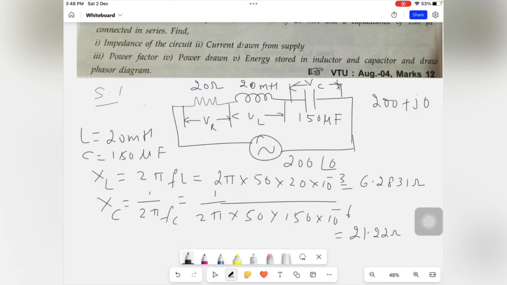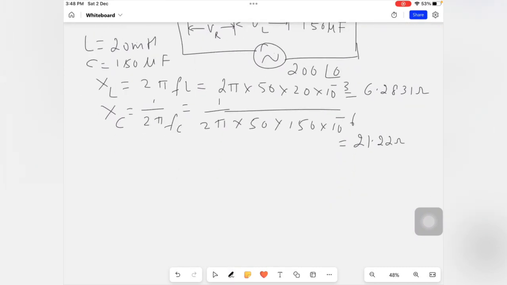You know the resistor now, so how do we calculate the impedance? Z is equal to root of R square plus XL minus XC square. I will take directly R plus J XL minus J XC. Simplify directly, so substitute here.